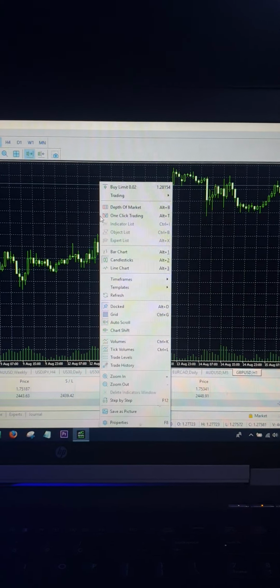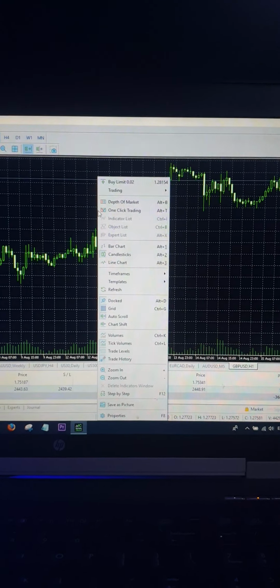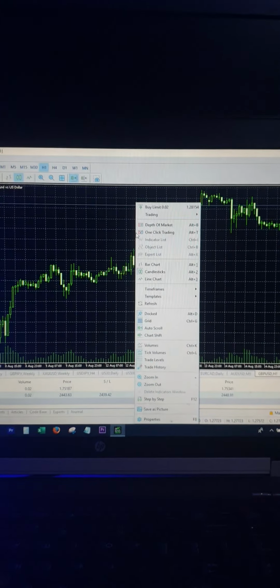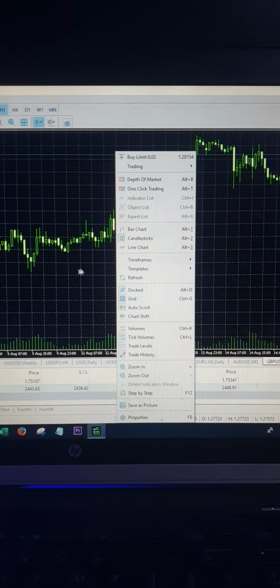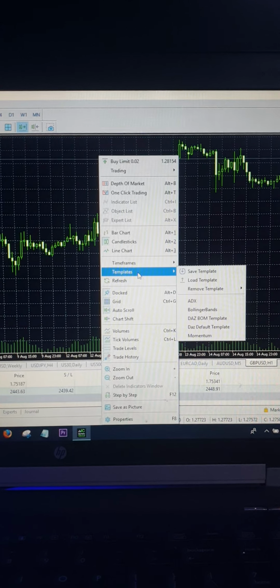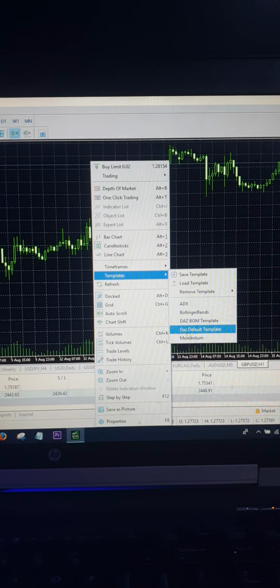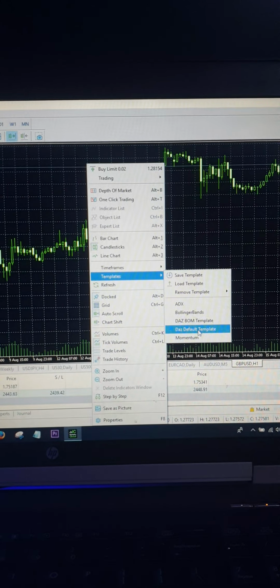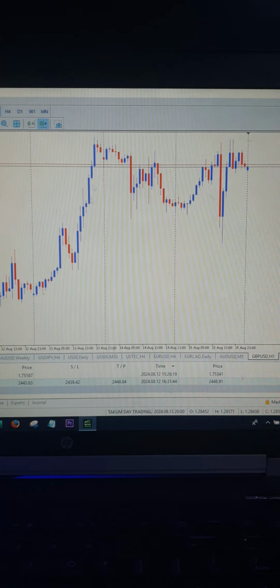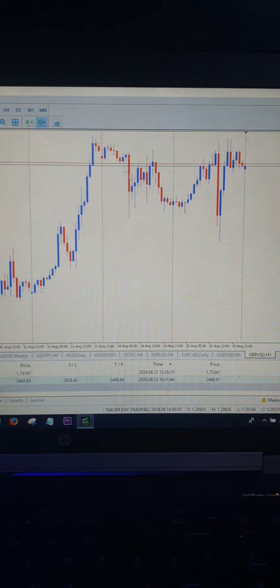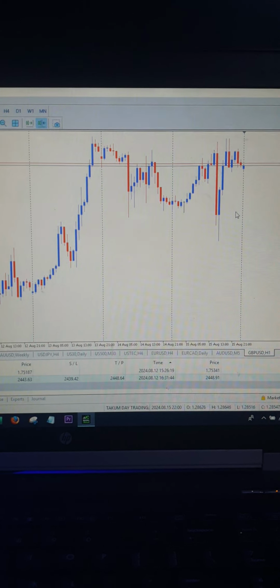Then in a subsequent video I'm going to teach you how to set your template to look exactly like what I'm going to show you guys. So I'll come to templates. I have my template. You have the default template. Boom, I have it. On my default template you see my bullish candles are blue, the bearish are red.